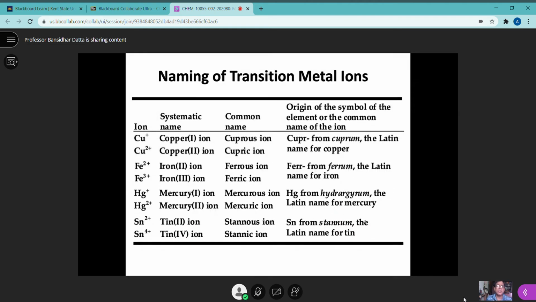So how do we name those transition metals? For example, copper 1 plus and copper 2 plus. Copper can make one positive or two positive. As you probably remember, copper ions, 2 plus or 1 plus, are present in the mitochondria, specifically our powerhouse.